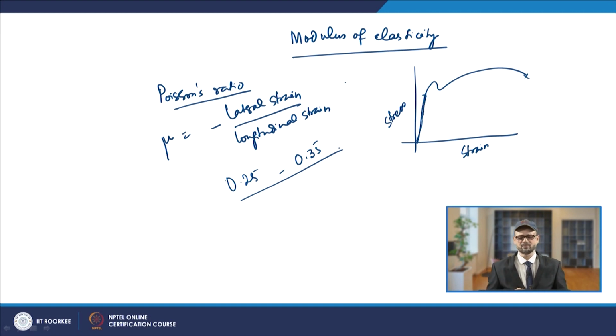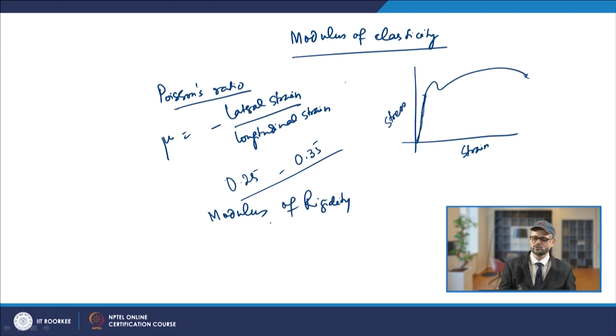Similarly, you have the modulus of rigidity also, that is known as the shear modulus of rigidity. When you use the tangential or shear stress, you will have the ratio of stress to strain that is defined as the modulus of rigidity.